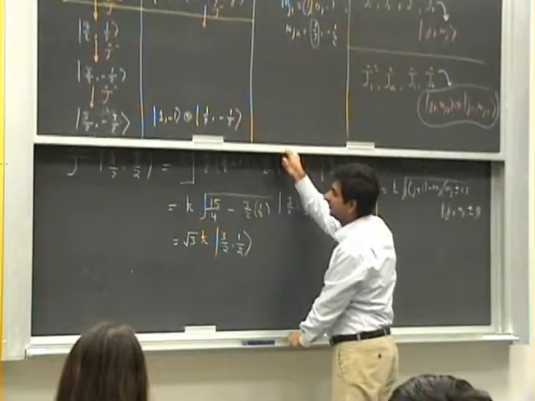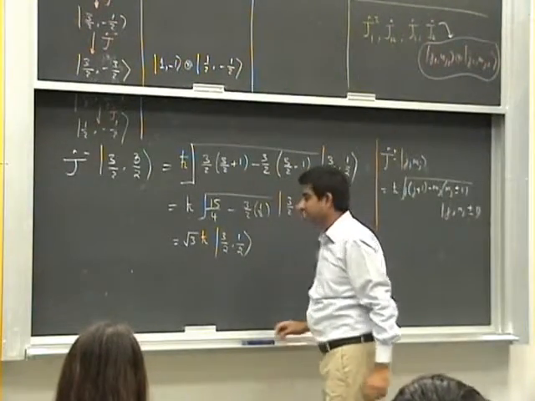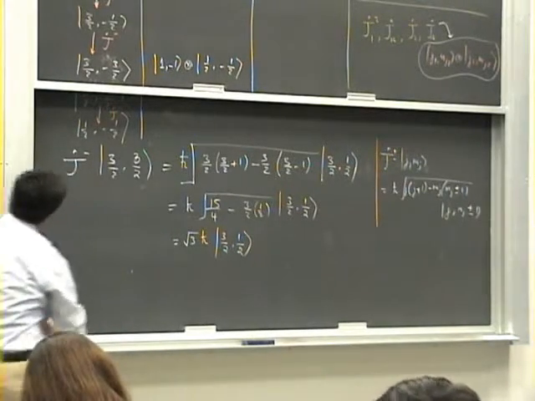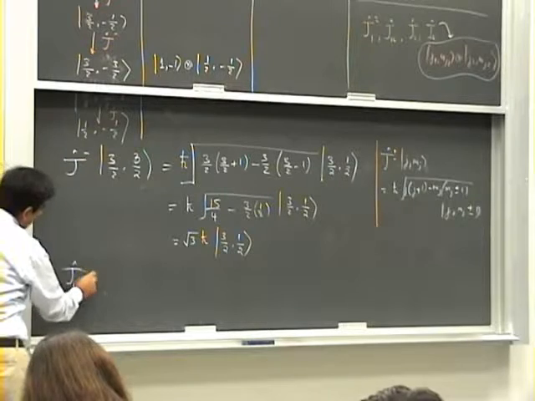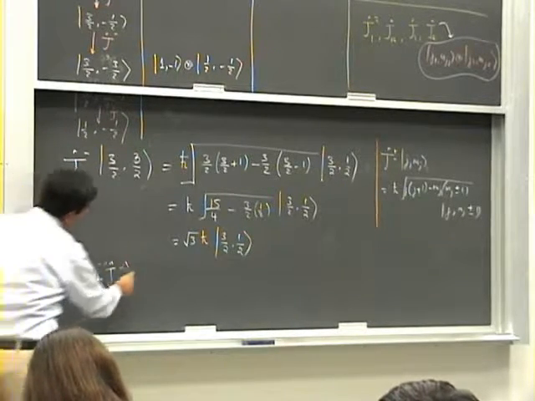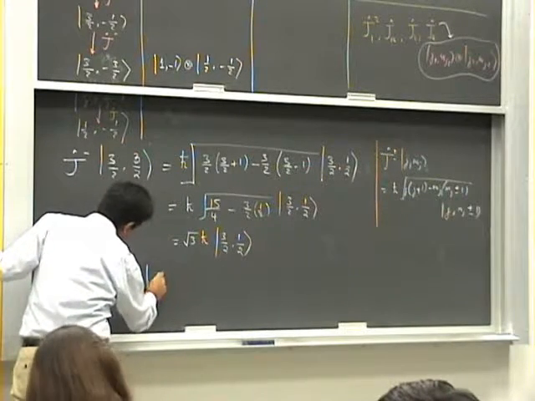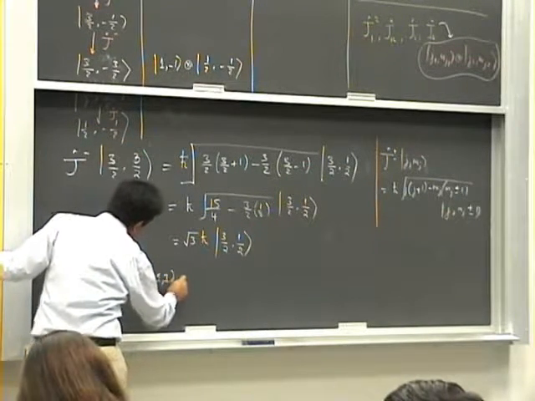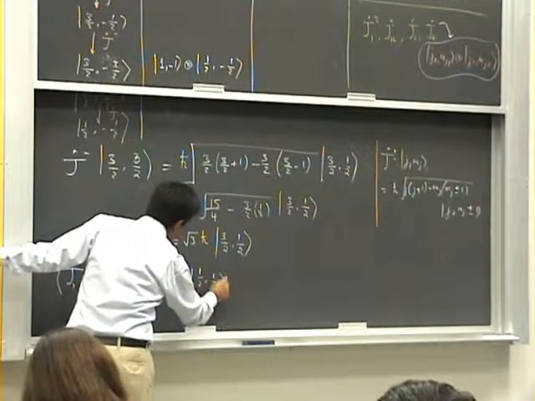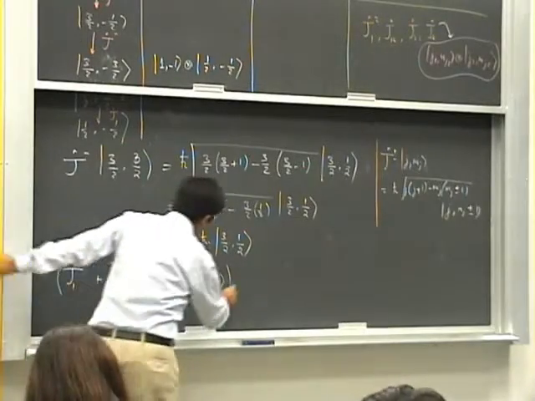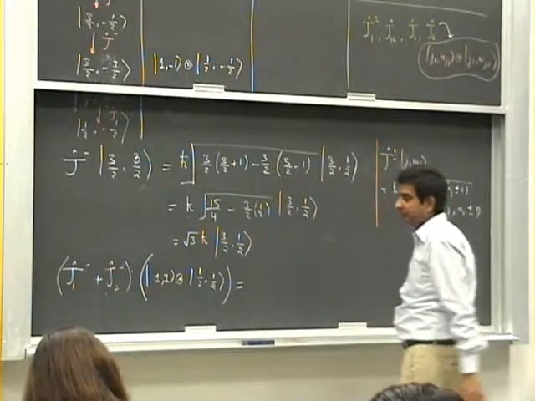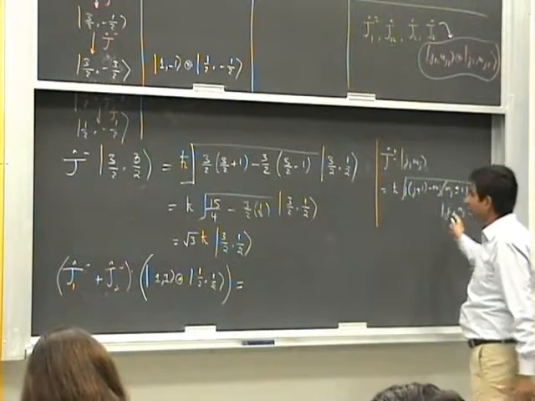Now J minus operator is really J1 minus plus J2 minus acting on 1, 1 crossed with the second state. First, J1 minus acts on this direct product state using the same formula.